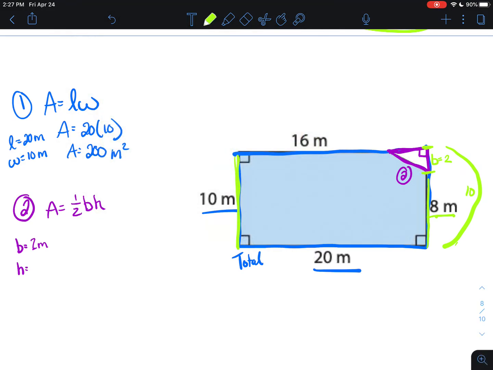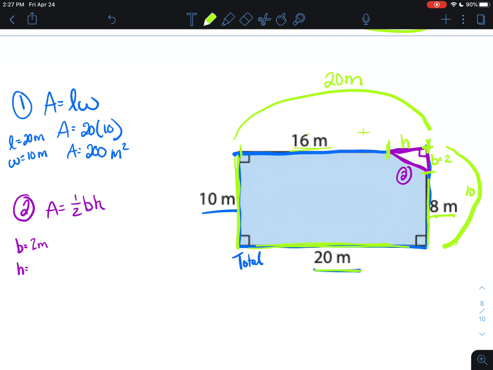And now I have to figure out the height of the triangle. So I'm going from here to here. That's going to be the height. So same kind of thinking. If this whole edge over here is 20, this whole edge over here has to be 20 meters. So this piece right here is 16.